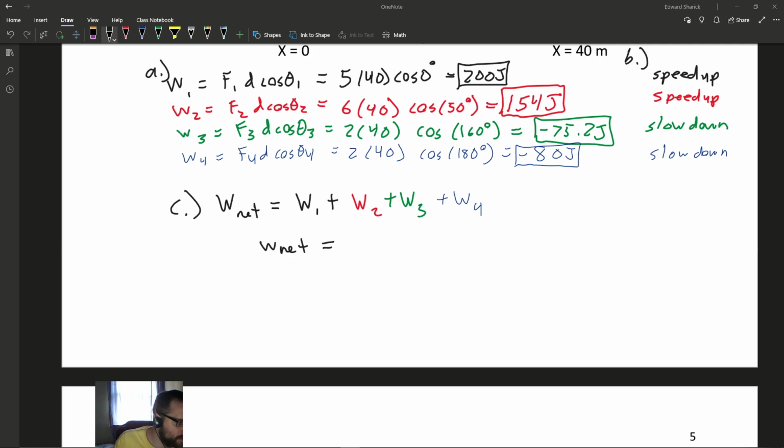It gives a value of approximately 199. We round it. So about 200 joules of work. And basically you can see, this is minus 155 and that's plus 154. So we get a minus 1 net from that 200. And so we know that the object will speed up overall, and it will speed up to the right.